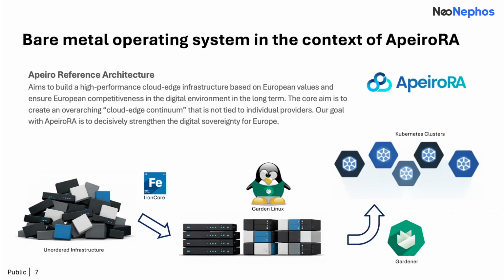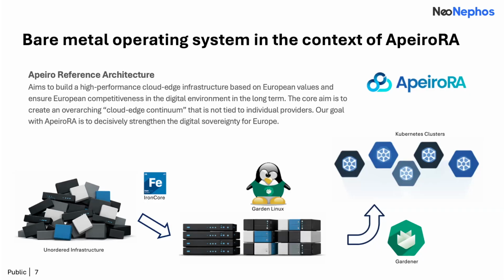So, for example, just to give you an idea, so you have unordered infrastructure. So that means you have servers, you have switches, you have whatnot you recognize in your data center. There's something mounted in your racks. There might be storage. There might be servers, switches, maybe some smart NICs in those servers. All that you will recognize and you need to maintain. Therefore, you have the Iron Core project.